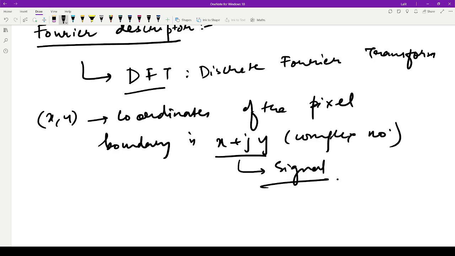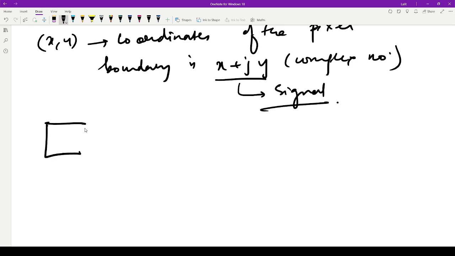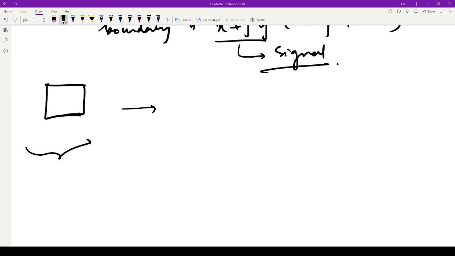If you remember the example given in class, you take an original square shaped object and take a DFT, and take fewer coefficients. So this square shaped object, what does it contain? Does it contain both low frequency and high frequency components, or only one of them? Any idea?